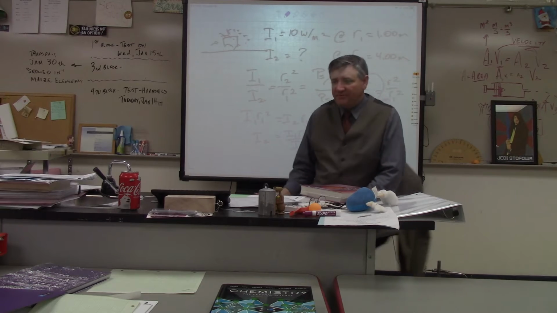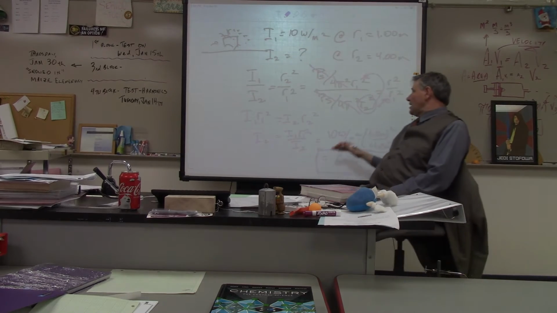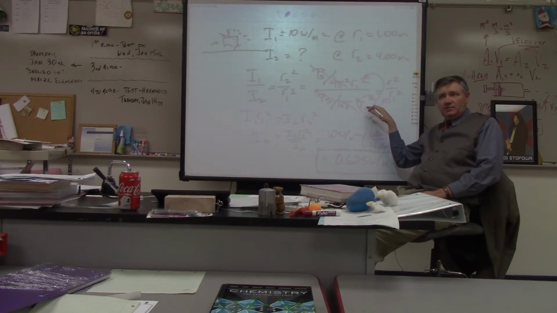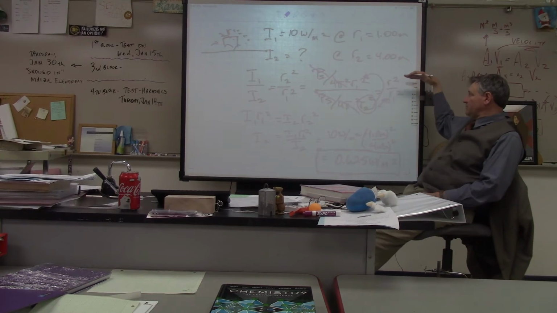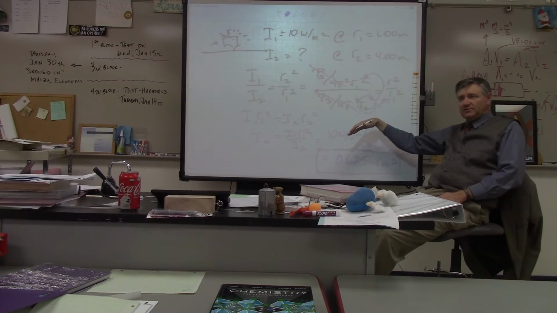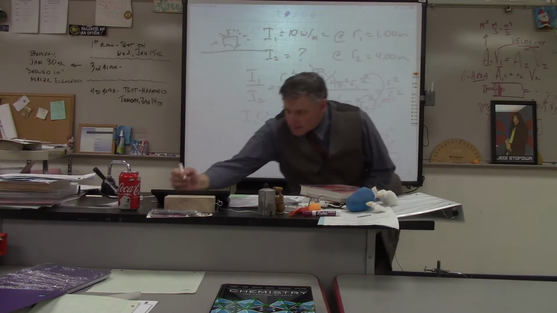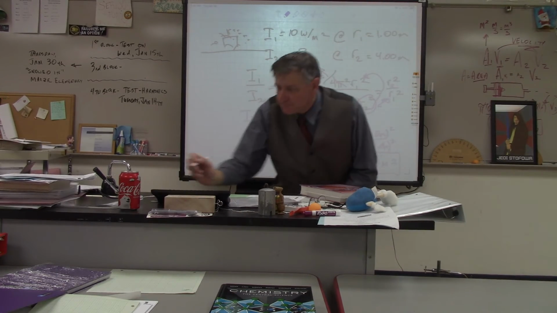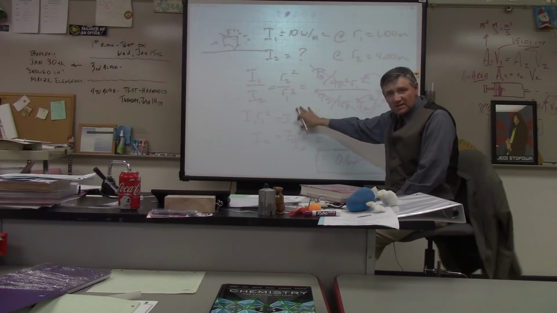Because all of this is the same, the power from the source and the 4 pi, and I've got R2 squared in the denominator, this thing flips up, so I1 over I2 equals R2 squared over R1 squared, which is where this comes from.